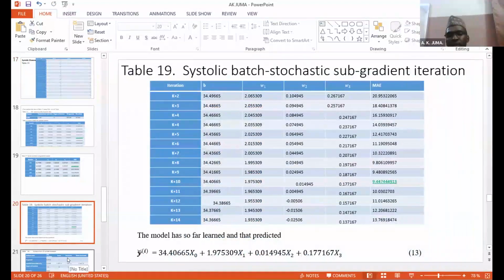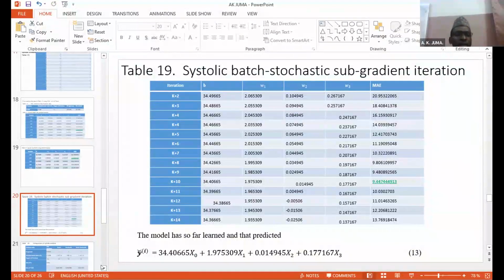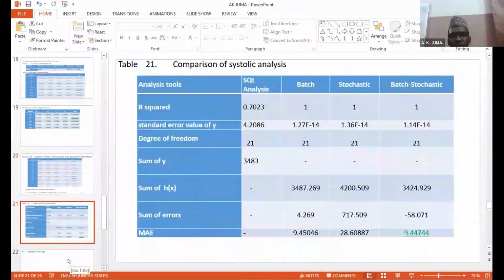So as you input x0, x1, x2, x3, it gives you the intensity of the disease on the infected person. So let's make a comparison of these three methods.